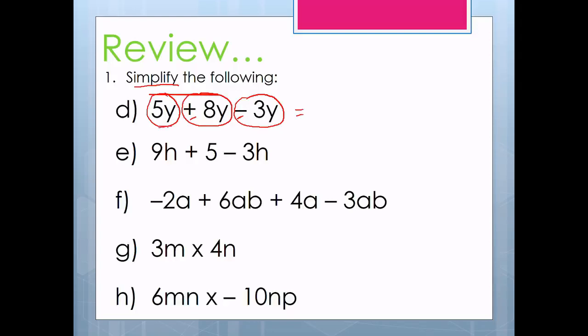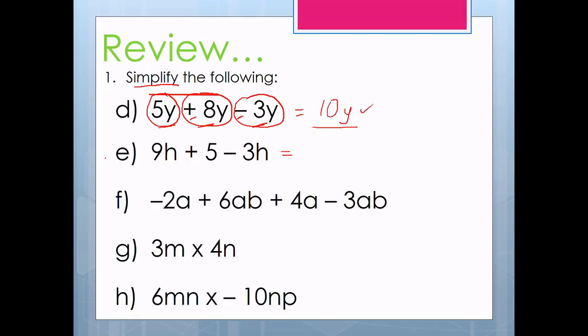So I start with 5y, I then add 8y, so that means I've got 13y so far, and then I take away 3y, and 13y take away 3y gives me 10y. That's the answer for the first one, 10y. Again, give yourself a tick if you got it right, cross it if you got it wrong, but please fix it up.